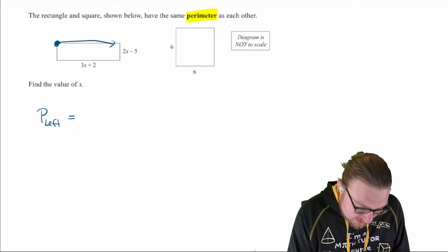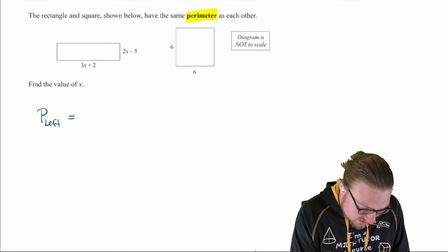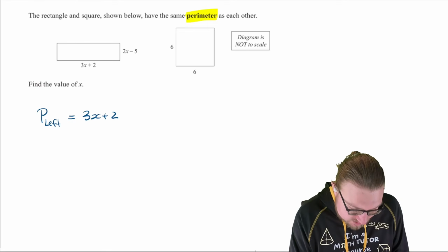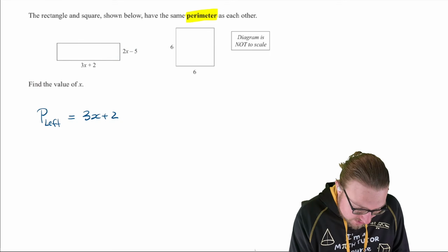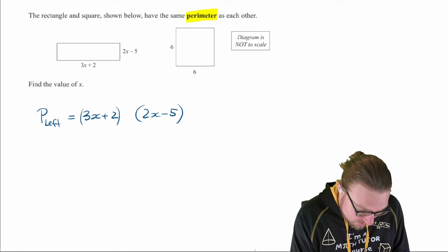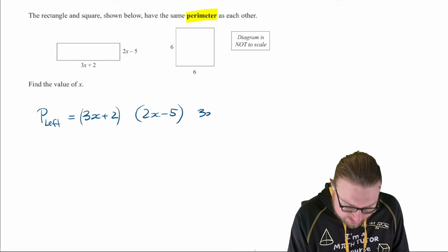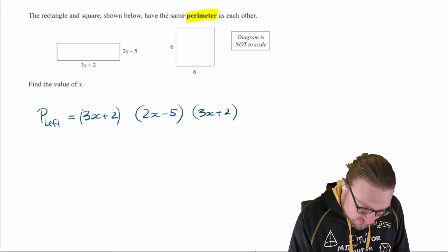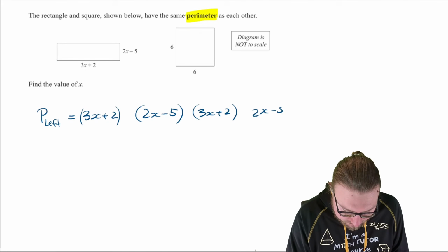Well, the top side over here, and I might just mark them like this, the top side over here is 3x plus 2. Then we have 2x minus 5. Then at the bottom again, we have 3x plus 2. And on the side here again, we have 2x minus 5.